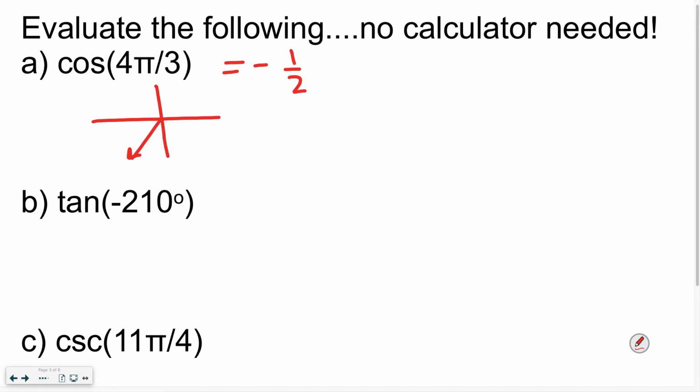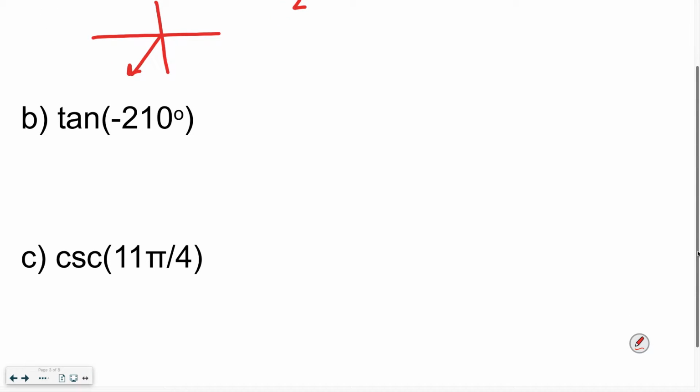Now, -210 degrees. Yes, that's on the unit circle, but we should probably think about its coterminal angle. Which quadrant is -210 in? Okay, the second would be right here, right? Coterminal with which angle? 150, right? A positive 150, okay?